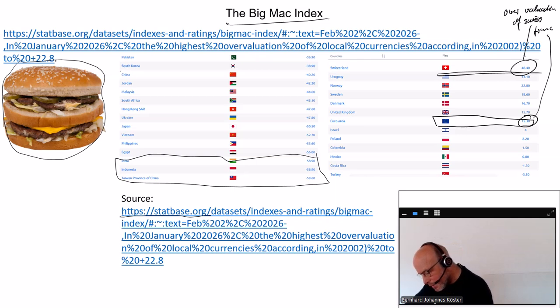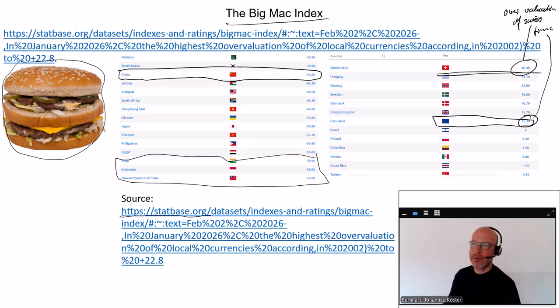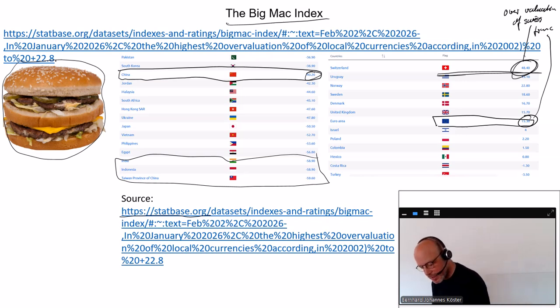And here you also see that this very simple concept, using only one good, reasonably works. Well, I have explained that the overvaluation, especially of the Swiss franc, you should see if this is a relevant concept. And also we have a huge undervaluation of China.